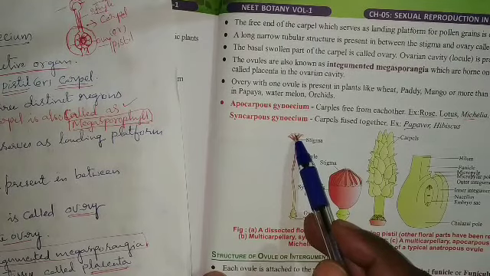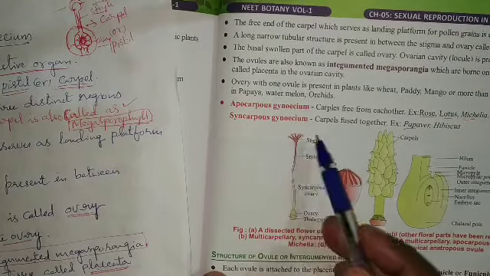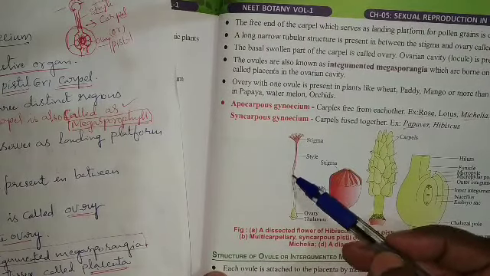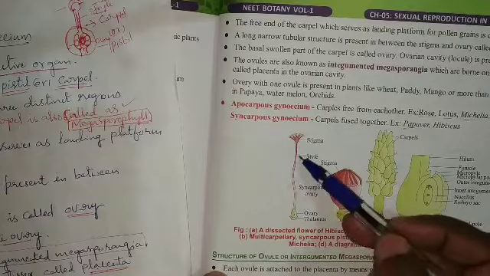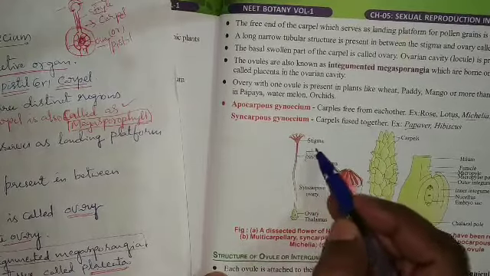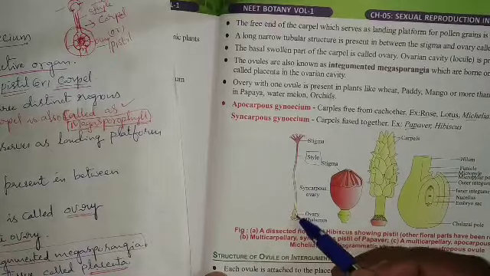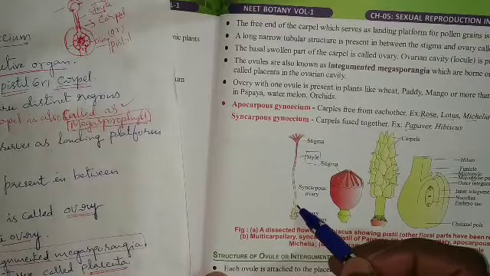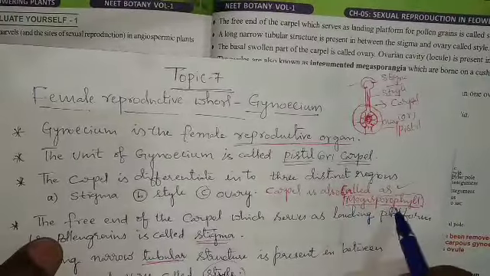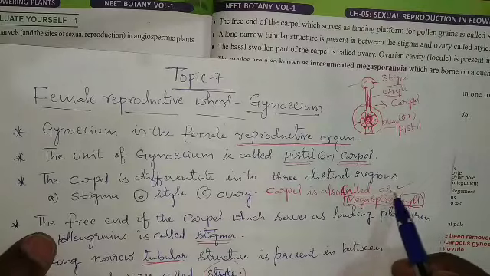The tubular portion between the ovary and stigma is called the style. Together it is called a carpel or pistil. This is also called a megasporophyll.